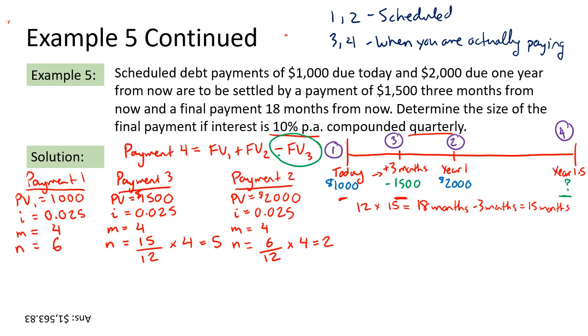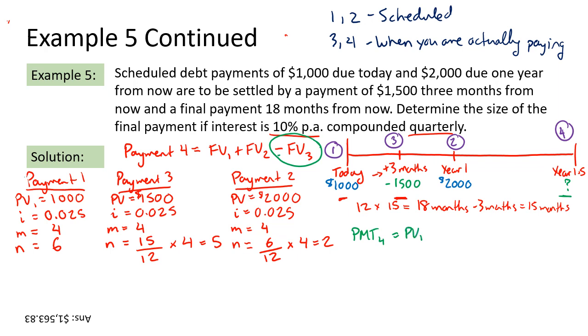So I'm going to substitute it. Again, I'll do it in a different color. Payment number 4. I'm writing as that instead just to save some space. That's equal to our future value calculation for time number 1, which is $1,000. Okay. Actually, I'll write the formulas out first.